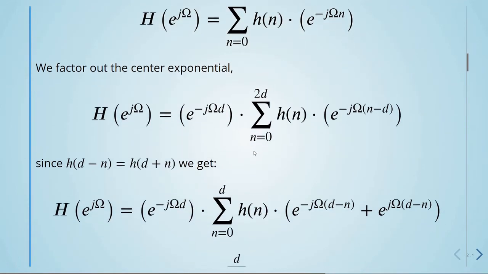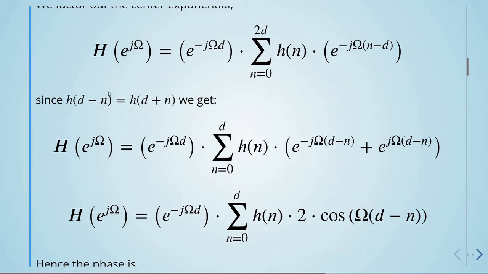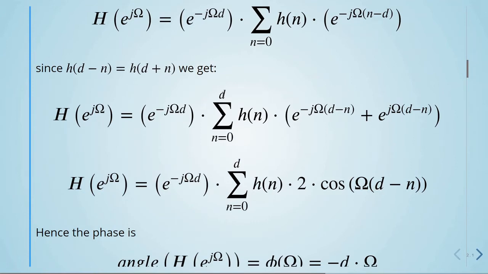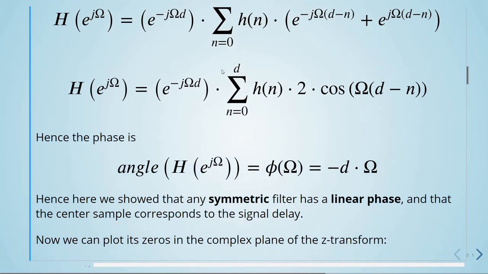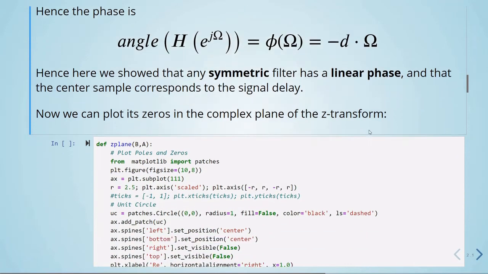Now, instead of going from 0 to 2 times d, we go from 0 to d. We know that this part h of d minus n is equal to h of d plus n. And then we get to this equation here, and we take the phase as the angle. Then we find this result here.